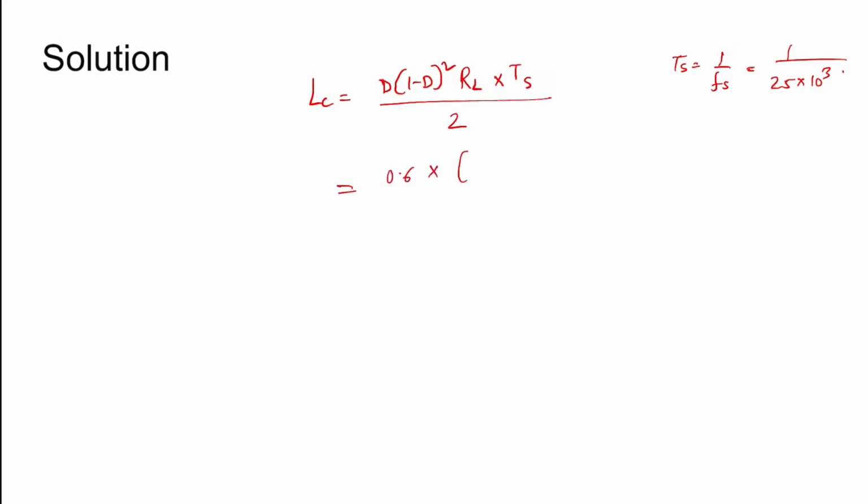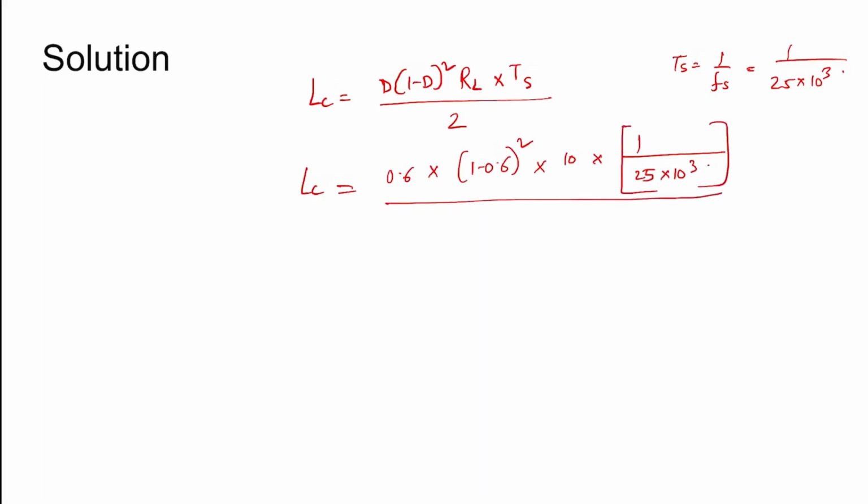Now coming to the solution, L critical equal to D into 1 minus D whole square RL into Ts divided by 2. Ts equal to 1 by switching frequency, which is 1 by 25 into 10 to the power 3, because switching frequency is 25 kilohertz. Now D is 0.6 into 1 minus 0.6 whole square multiplied by 10 ohm load resistance value into 1 by 25 into 10 to the power 3 divided by 2.